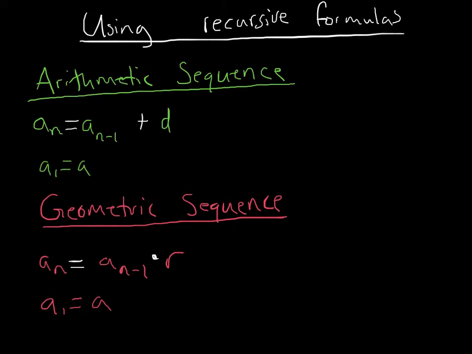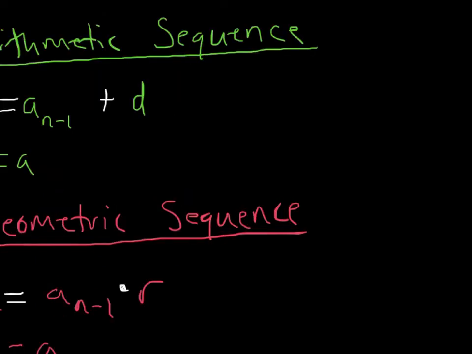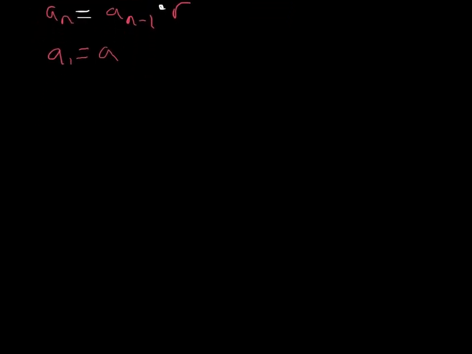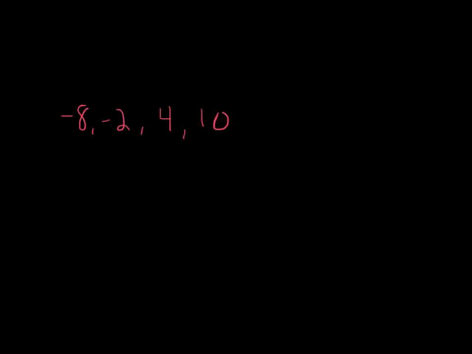Okay? So now, let's look at a couple of sequences that are arithmetic and geometric, and let's see how to come up with the recursive formulas of these. So if I have -8, -2, 4, and 10, I want to come up with a recursive formula for this sequence. So I first need to find out, is this arithmetic or is it geometric?